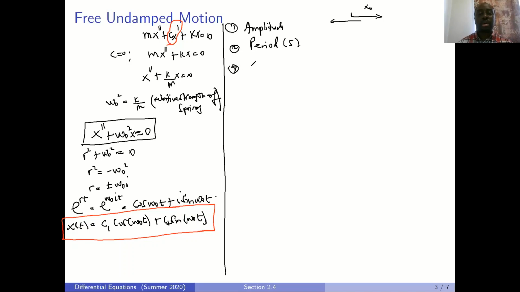And then we want to think about what the frequency is. The frequency is the number of oscillations per second, or of course 1 over the period, and this is measured in hertz. There's another kind of frequency that we're going to be interested in. It's called the circular frequency.